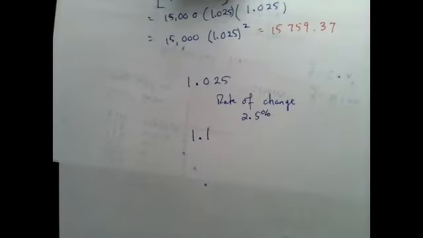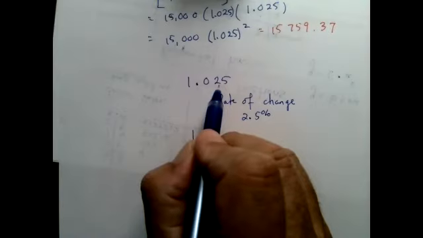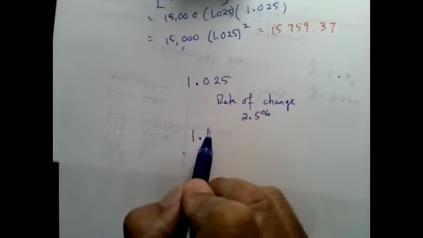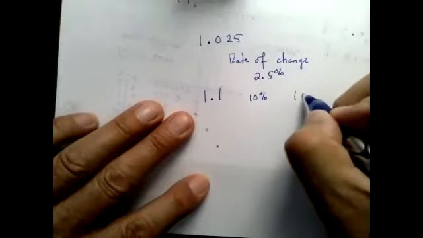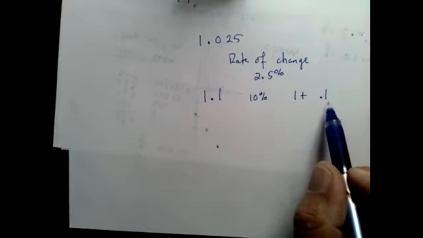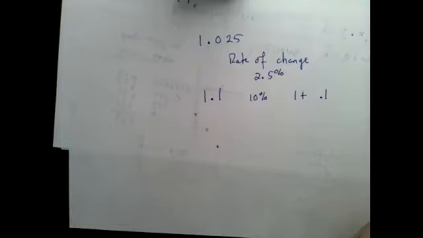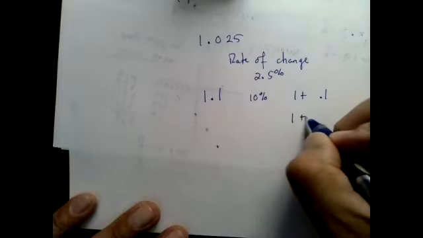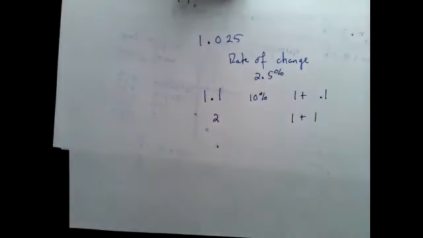What is my rate of change? Two decimal places, right? Well, not 100%. You're really close. This is 10%. Here's how we're doing it. It's 1 plus 0.1, and 0.1 is 1/10, 10 over 100, 10%. So if I increased by 100%, 100% is 100 over 100. That would be 1. That would mean I would have a 2 there.